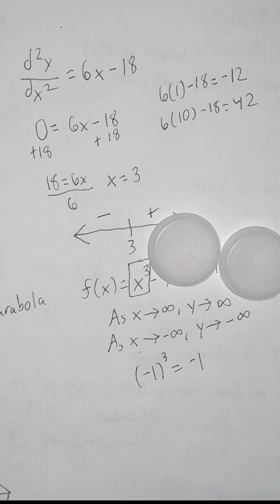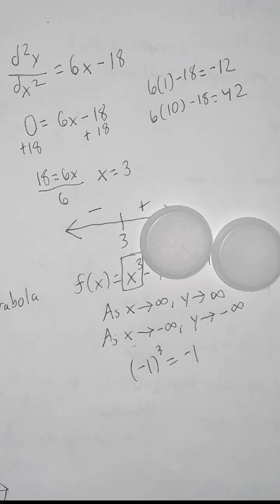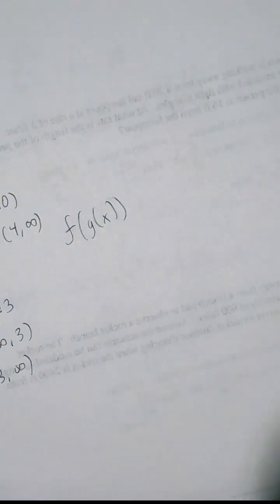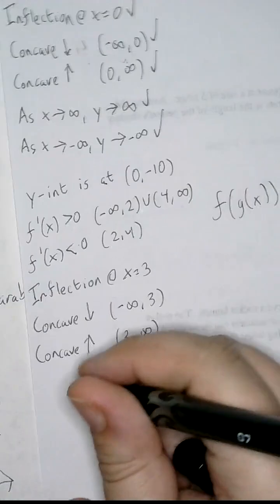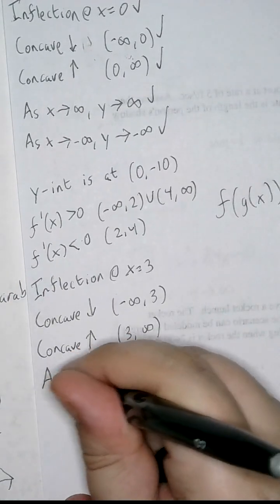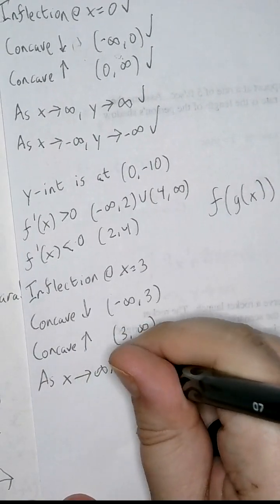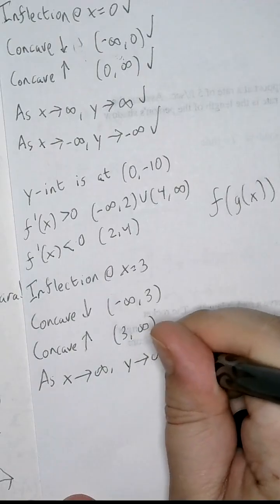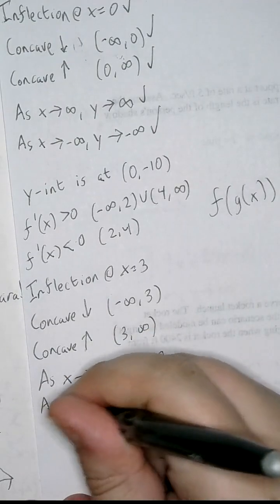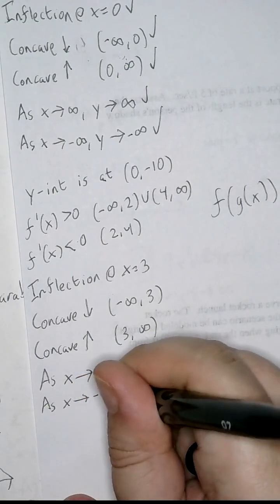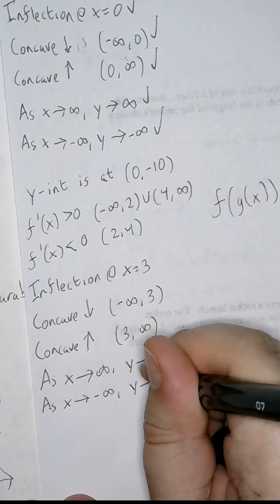So let's write that down. As x approaches infinity, y is going to approach infinity. And as x approaches negative infinity, y approaches negative infinity.